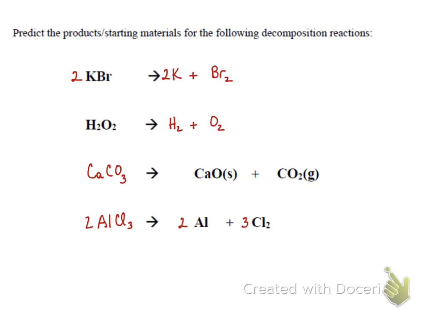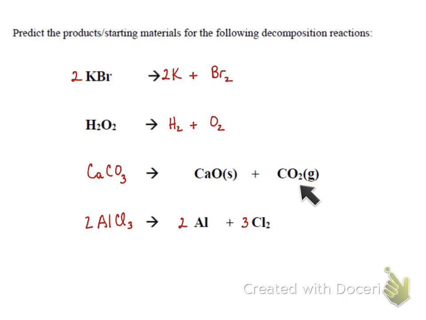So here's some examples of decomposition reactions. Binary KBr is going to fall apart and make its 2 elements. Don't forget the diatomics. And again, the one we already saw, hydrogen peroxide, makes hydrogen and oxygen. If it is a carbonate, and carbonate, remember, is CO3 with a -2, like calcium carbonate here, it's going to lose CO2.